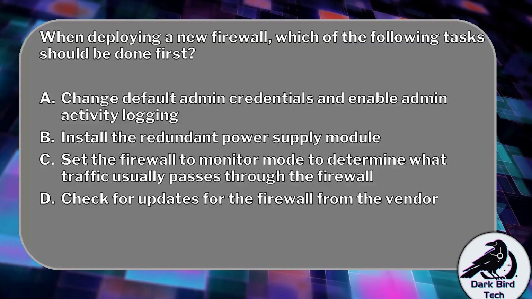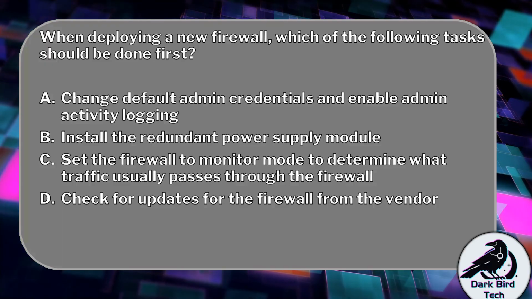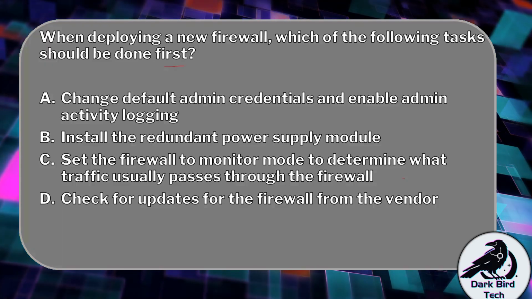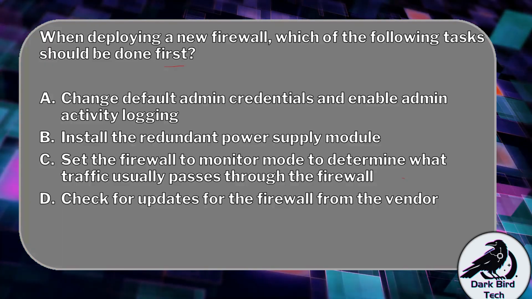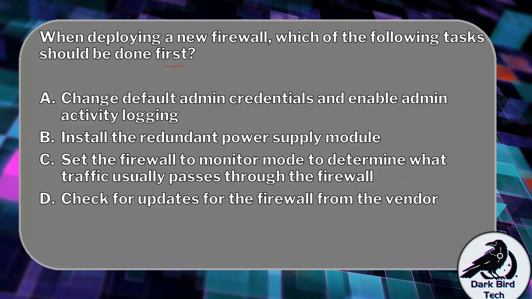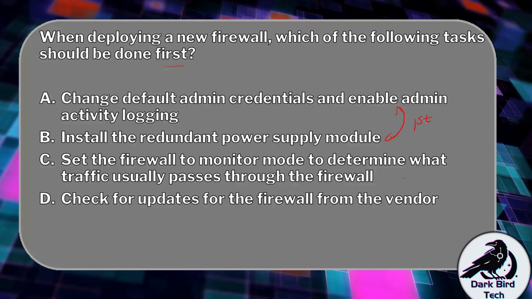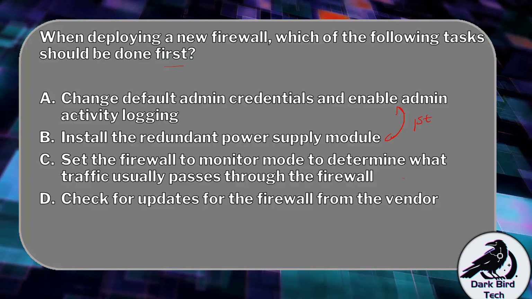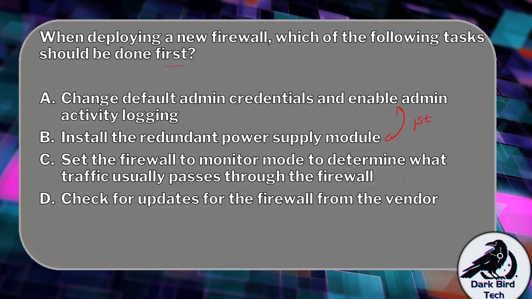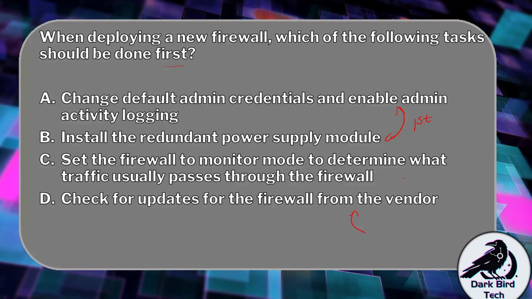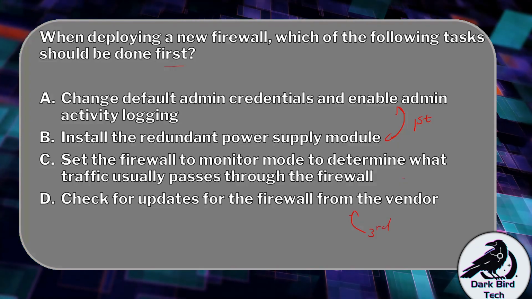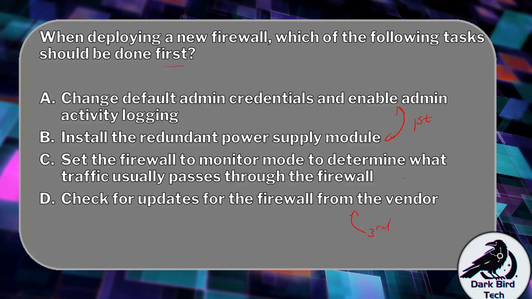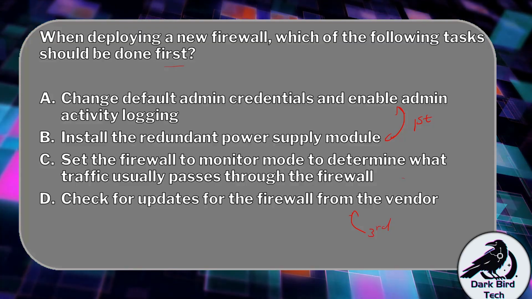So let's see. Which of the following tasks should be done first? So let's try and prioritize. What would I do? Well, between these two, those are my contenders for the first thing I would do. Then, that would probably be my third thing I would do, depending on whether A or B is my first or my second.